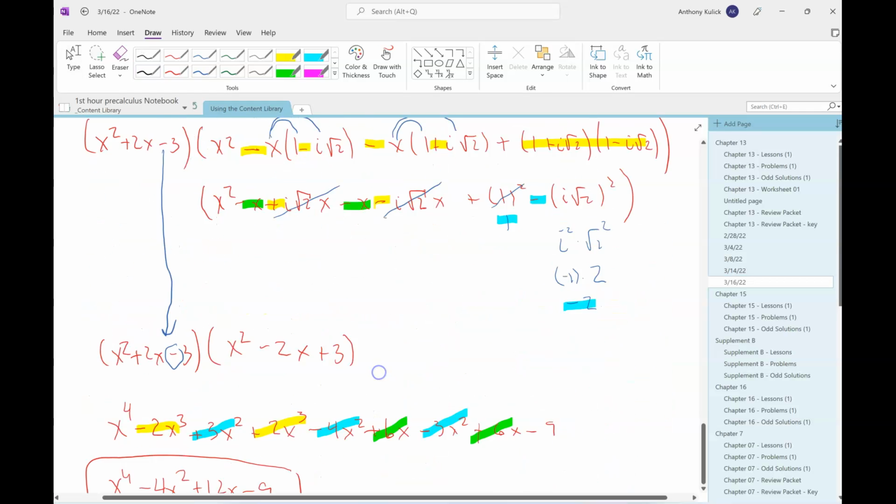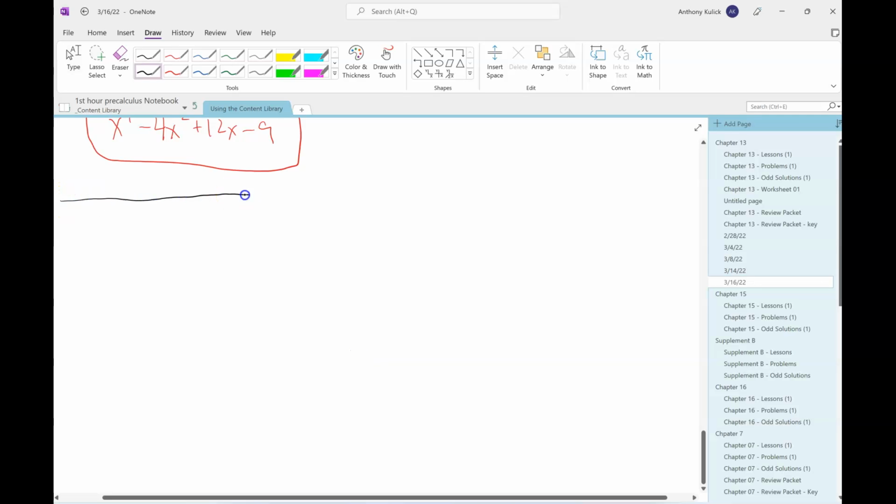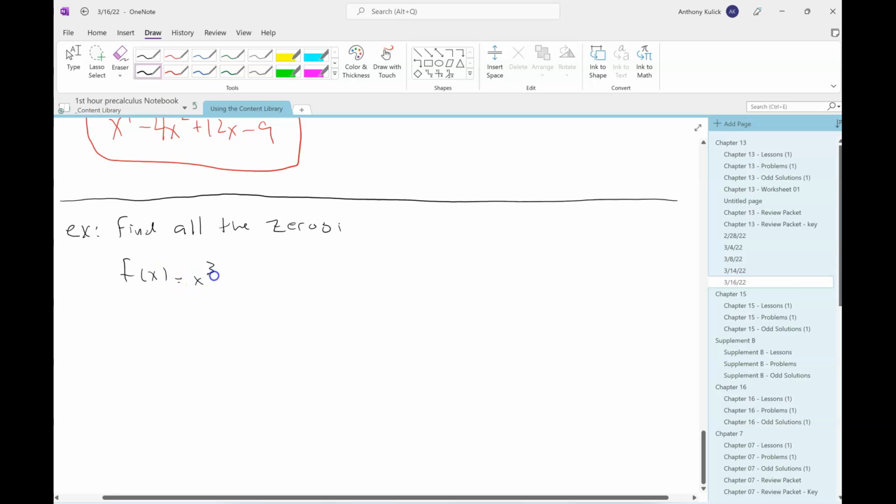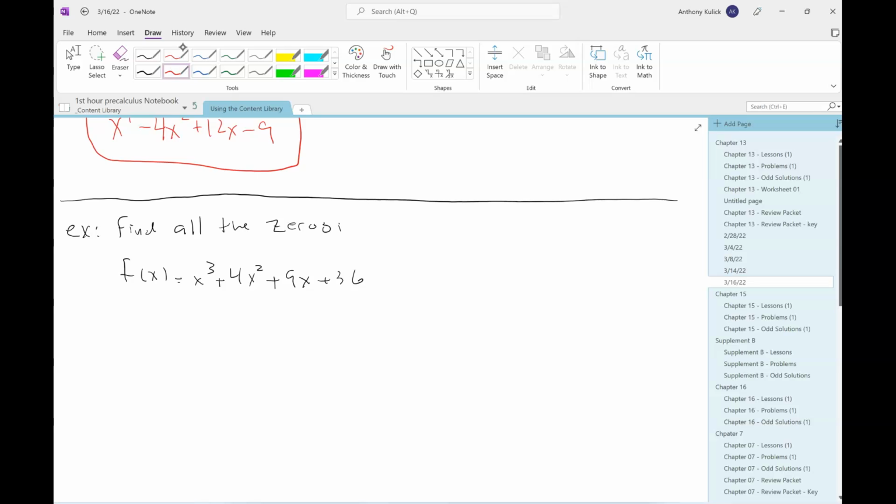So let's talk about finding all zeros now. Let's return to this synthetic division process. Notice we say all zeros, so we want any multiplicities.